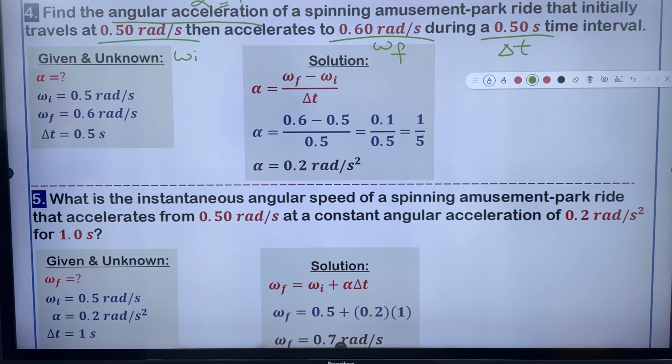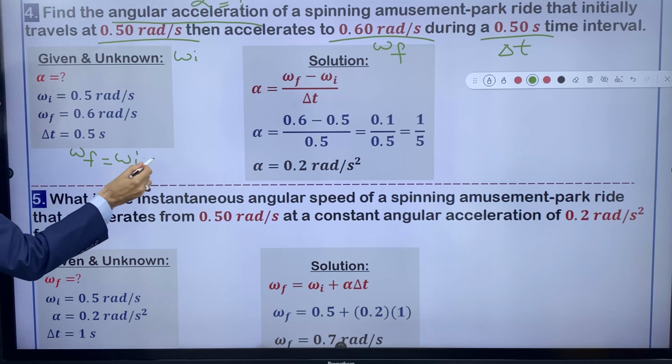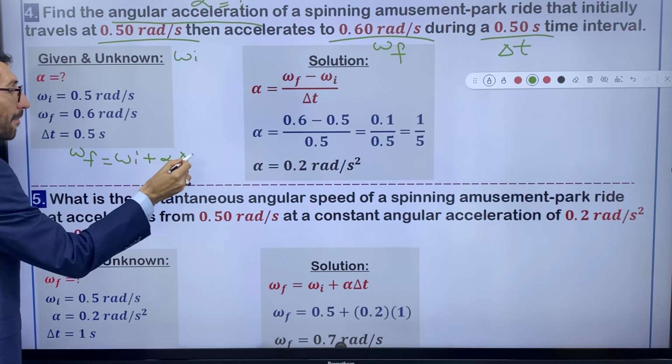So we look for alpha, right? Alpha is unknown. Omega I is available. Omega f is given. Delta t is known, right? So by means of this information, I want you to tell me the convenient rule. I say maybe this rule works. Omega f is equal to omega I plus alpha delta t.